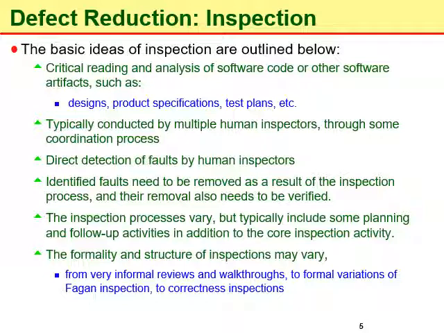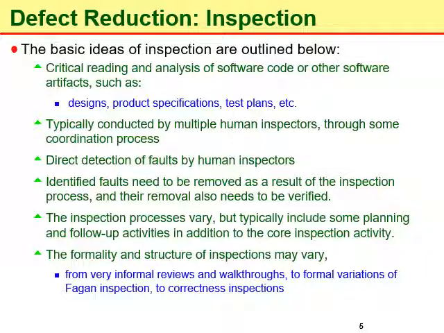The faults identified during the inspection need to be removed as a result of the inspection process, and their removal also needs to be verified through some auditing activity. The inspection processes in fact vary, but typically include some planning and follow-up activities in addition to the core inspection activity.